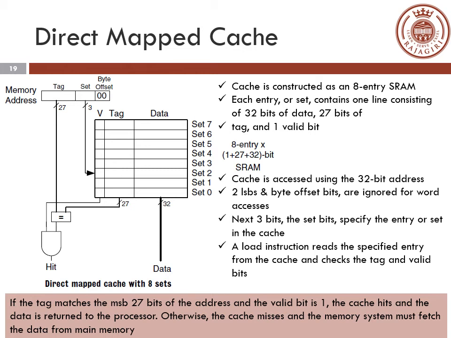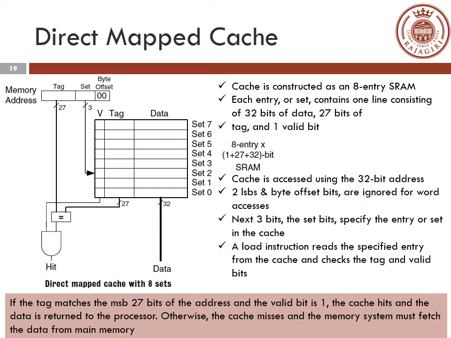Now when the processor gives the address, you can see the memory address at the top. It is a 32-bit address. Now the control circuit knows that the last 2 bits are the byte address, which is always zeros.